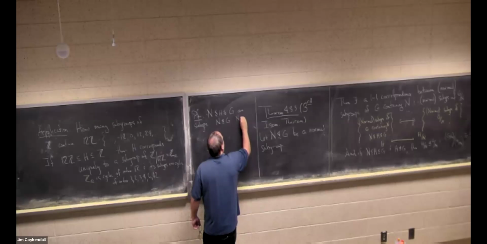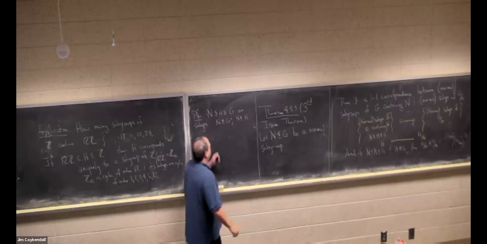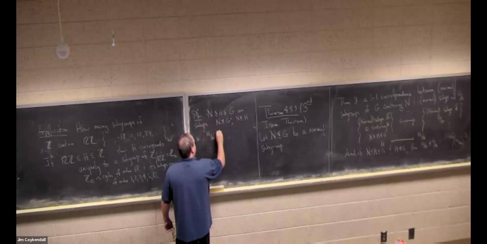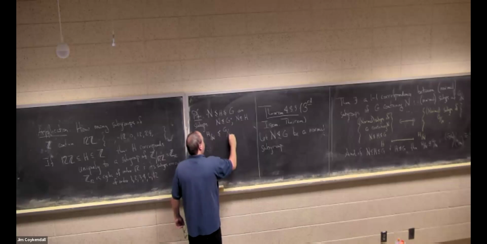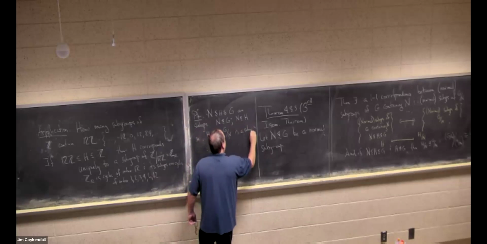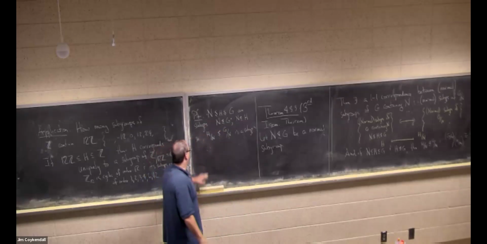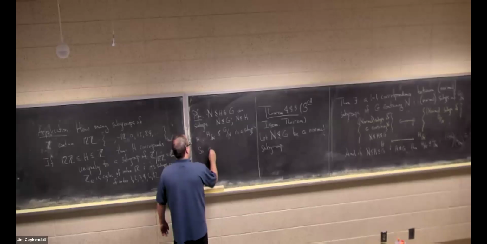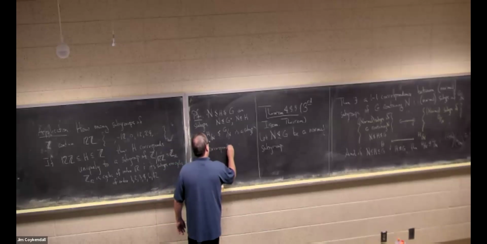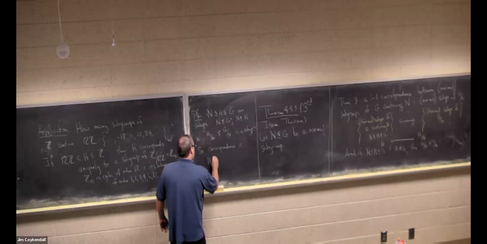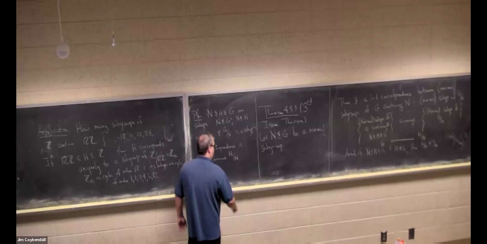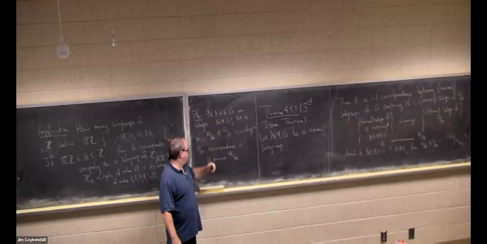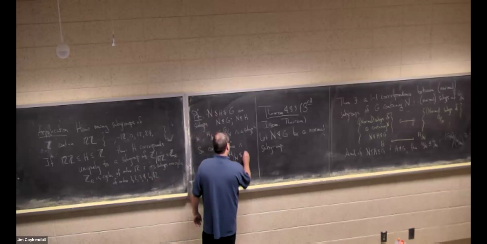Notice that N is normal in H as well, because it's normal in G. So H mod N is a subgroup of G mod N. That's the correspondence one way: H goes to H mod N, taking a subgroup of G that contains N to a subgroup of G mod N.